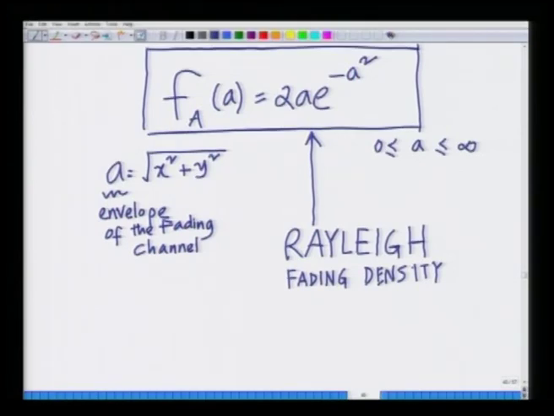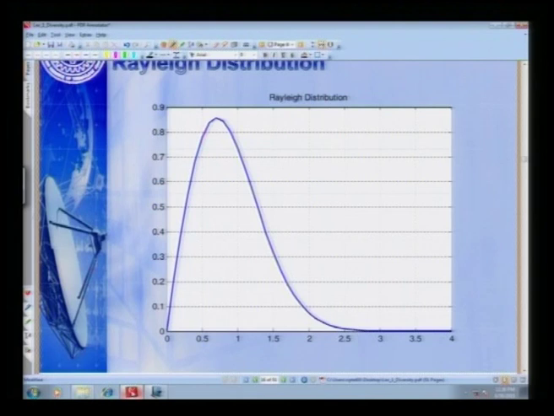Let me show you how a plot of the Rayleigh distribution looks like. What you can see in this PDF here is the Rayleigh distribution, that is 2a e power minus a square, that is plotted. It shows the probability density of the Rayleigh random variable, or the probability density of A, which is the magnitude of the fading coefficient, given any interval. For instance, let us consider the interval 0.5 to 1 over here.